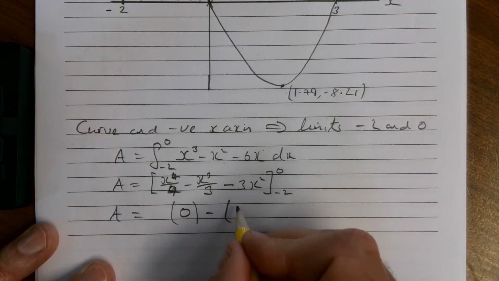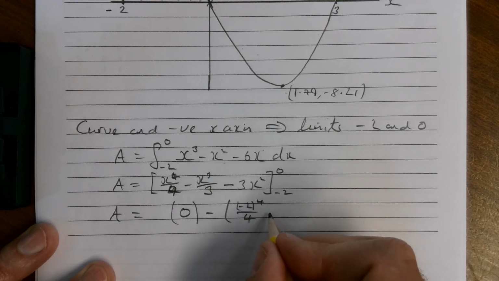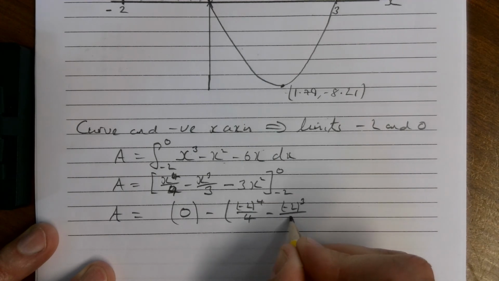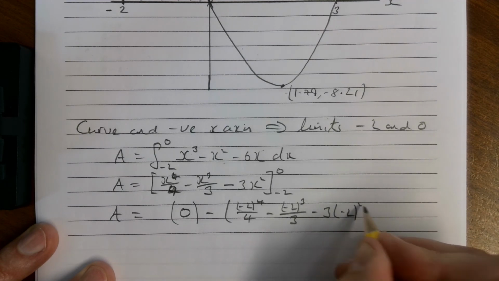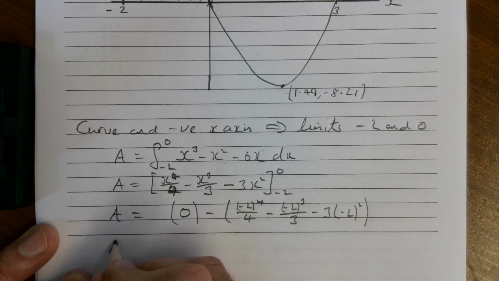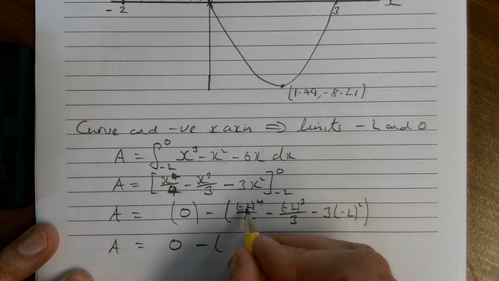So putting in minus 2, it's minus 2 to the power 4 over 4 minus minus 2 to the power of 3 over 3 minus 3 minus 2 squared, and we close up our brackets. That gives me an area equals 0, of course, take away.